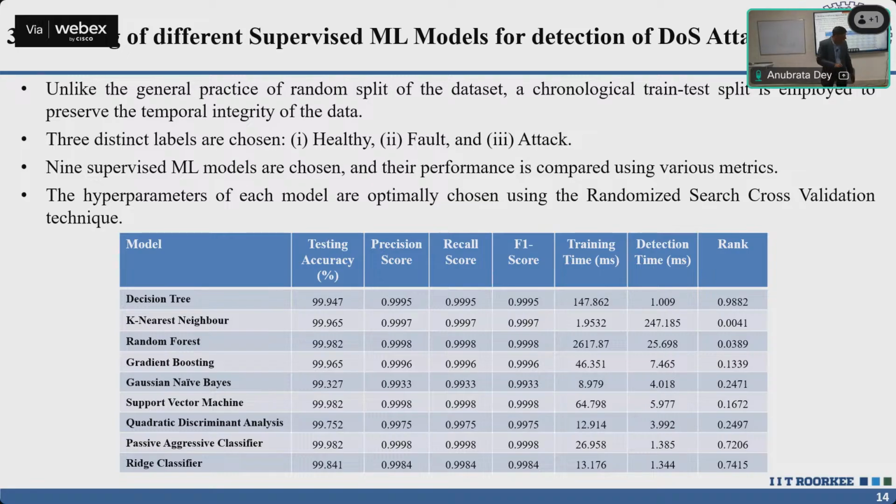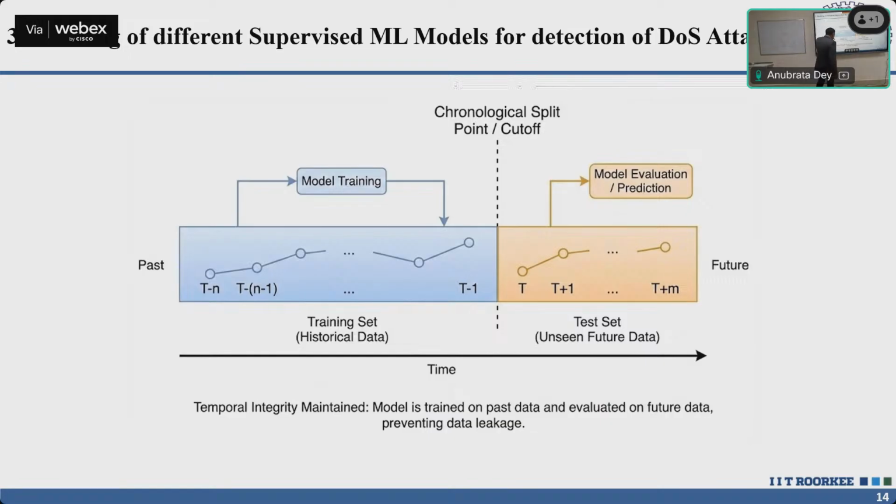So you have the total data available, you identify some point, and the data before that point you use for training, and the data after that you use for testing. This is known as chronological splitting of the data, and this is how you can split the data and then do the training and testing.